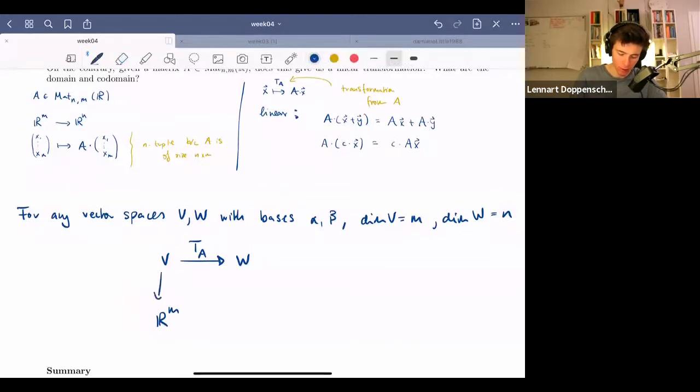I want to talk about this direction. This makes more sense. So the question is, what is T A of V? Because this is really what you need to define for a transformation from V to W. Well, you take its m tuple first, then you multiply by A, and you get an n tuple, and this can be built into a vector in W by applying the inverse of beta.